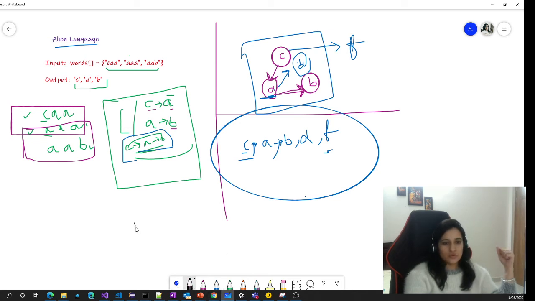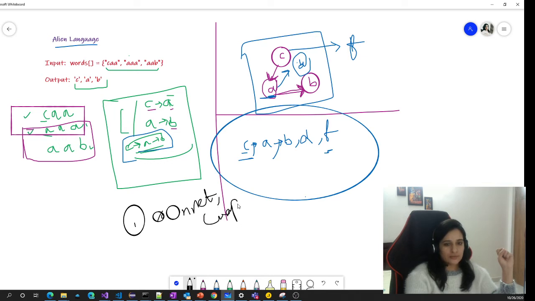If we divide this problem into two sub-problems, there are two problems we have to address. First, we have to find the connection between these words and create a graph.